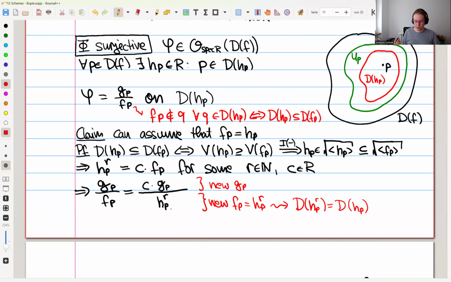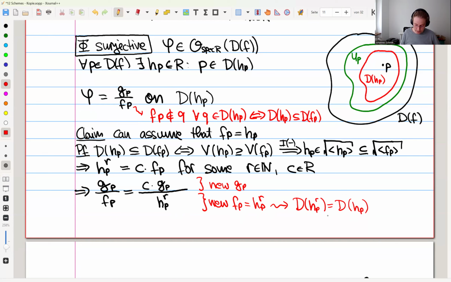This also follows because a prime ideal contains HP to the R if and only if it contains HP. And so we choose the new GP to be this, the new FP to be this, and the new HP we can now also choose to be this, because it doesn't change the set.